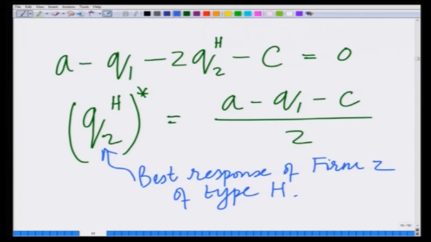Now, we have to derive the payoff of firm 1. Remember, for firm 1 there is uncertainty regarding the type of firm 2. So, for firm 1 we have to compute the average payoff.